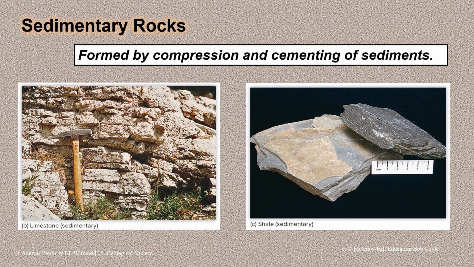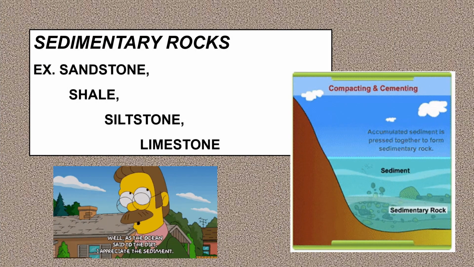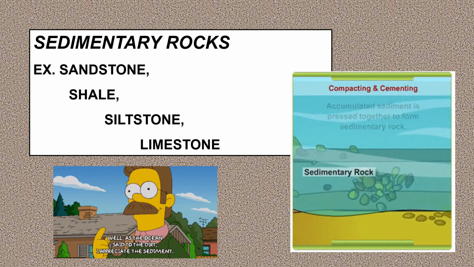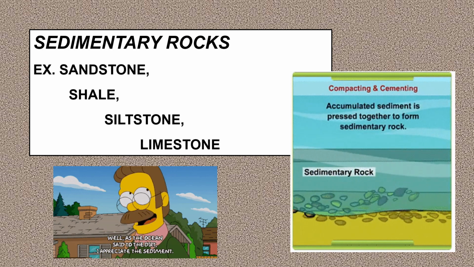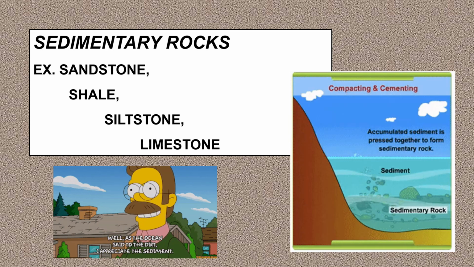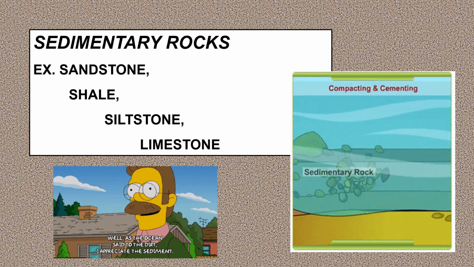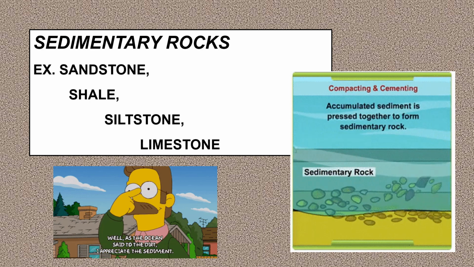So a couple examples here, the sedimentary rock limestone and the sedimentary rock shale. So sandstone, shale, siltstone, and limestone are all examples of rocks that were originally transported sediments.